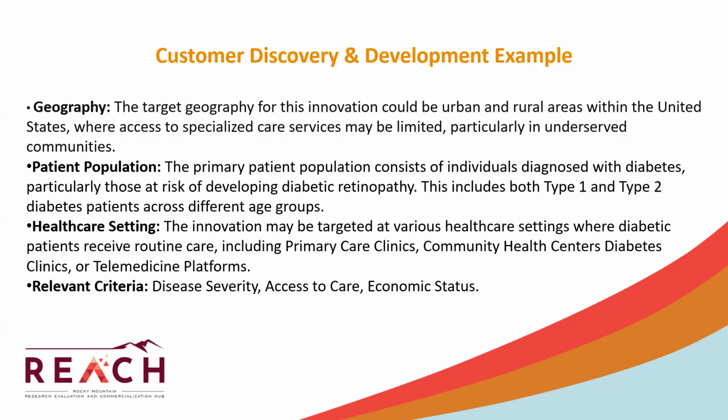And the healthcare setting would be where diabetic patients receive their routine care, so including primary care clinics, community health centers, diabetes clinics, or telemedicine platforms, which are becoming more and more popular. And then the other relevant criteria is the disease severity, access to care, and then economic status.